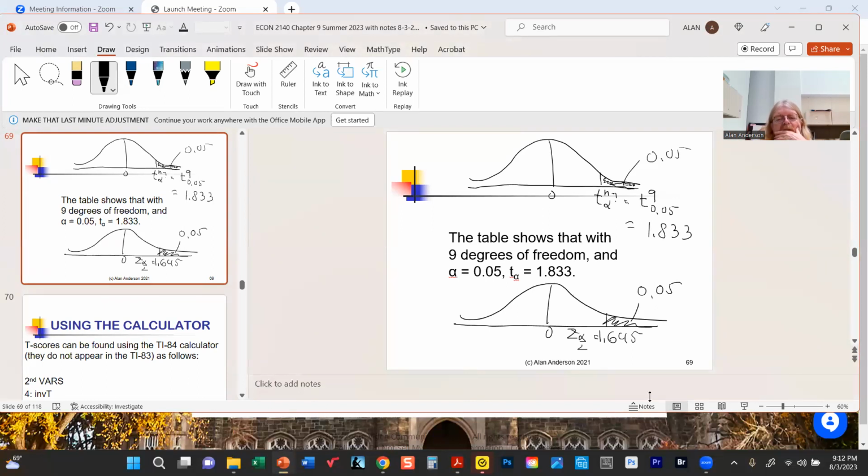So in other words, down here it's 1.645, on top it's 1.833. The t-score will always be a little bit more because the curve is spread out more.